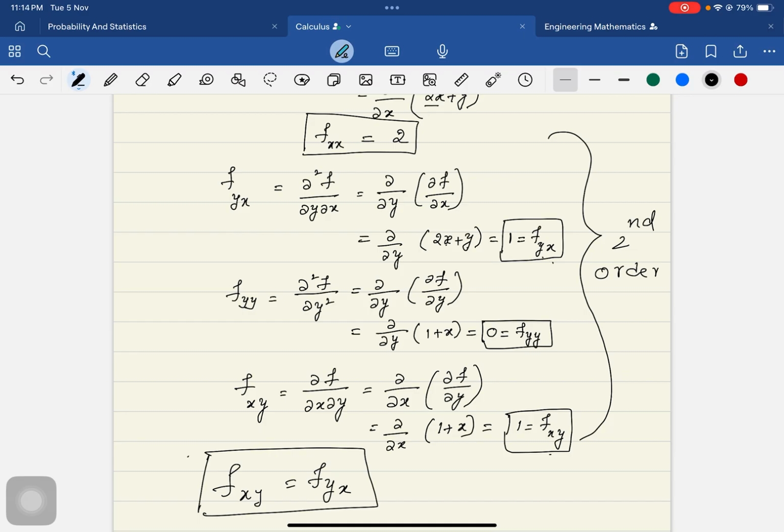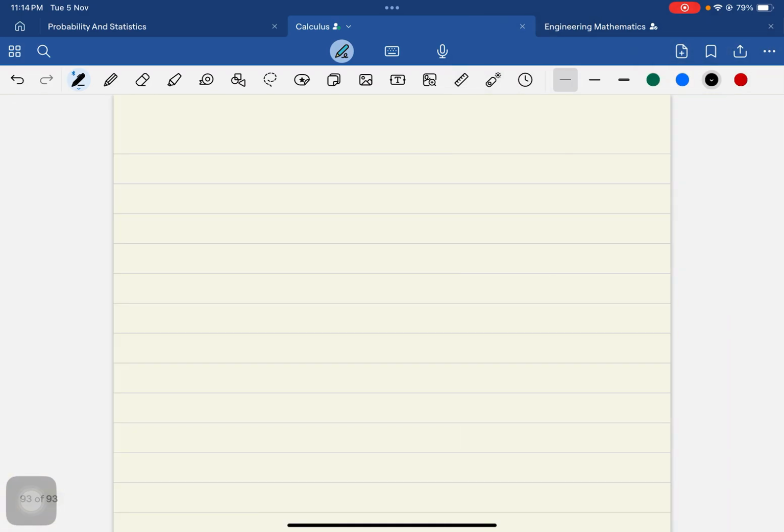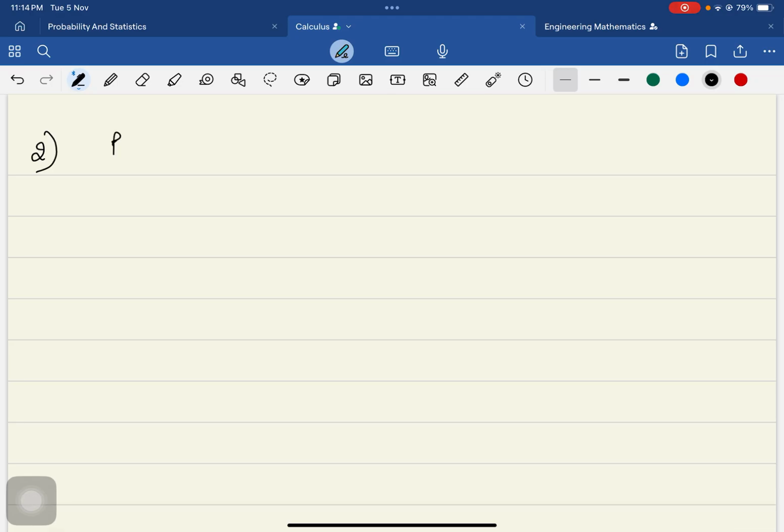Now let us go to the next problem. How to find the second order partial derivatives? Find all of them and check whether fxy is equal to fyx or not. Now the function is f of x comma y is given by sine of xy, let us say.